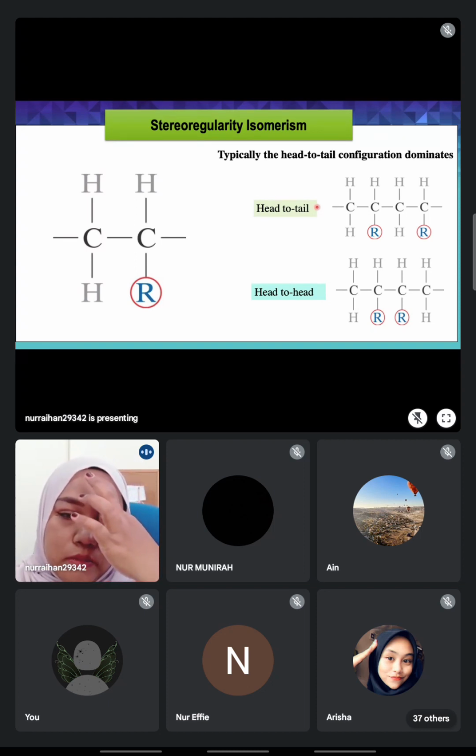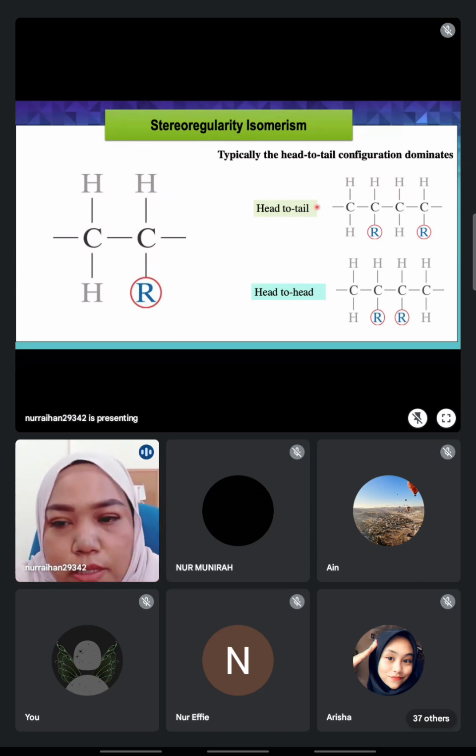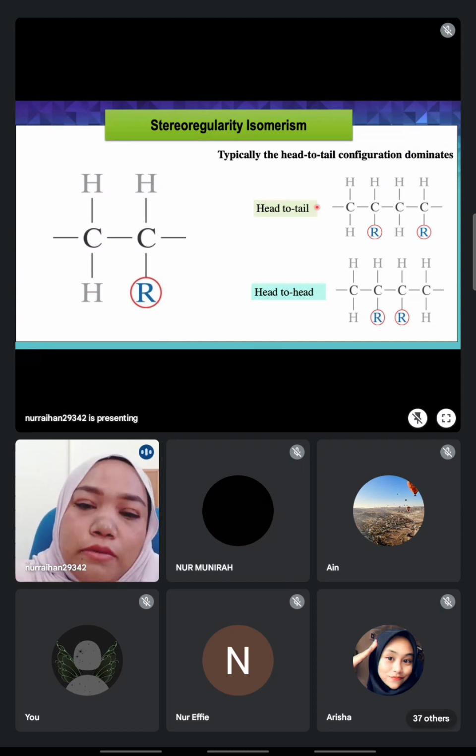So head to tail arrangement normally will give iso and also the syndiotactic polymer. Meanwhile, head to head arrangement ataupun tail to tail arrangement normally will give more towards the atactic arrangement.